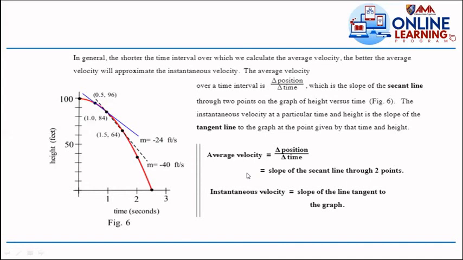So yung instantaneous velocity po natin, nag-start po siya magmula dito hanggang dito, from 0.5 to 1.0 second for a distance of 96 to 84. So magmula dito hanggang dito, we have the tangent line or the slope of the tangent line, which is equal to negative 24 feet per second. So ganun po yung pagkuha ng tangent line.